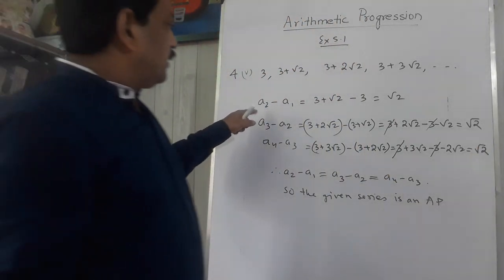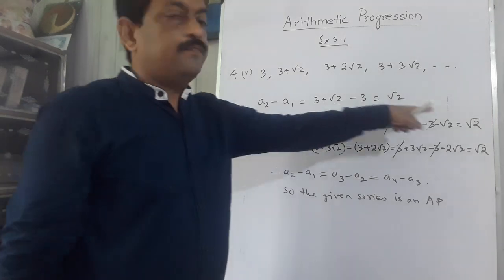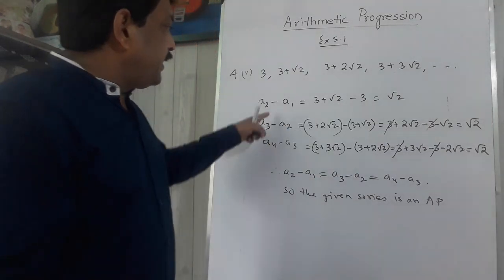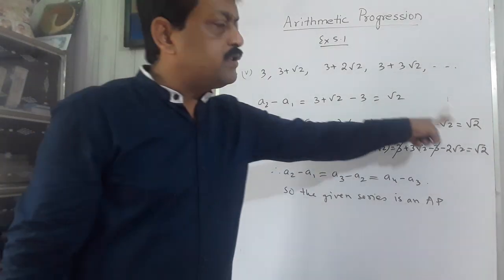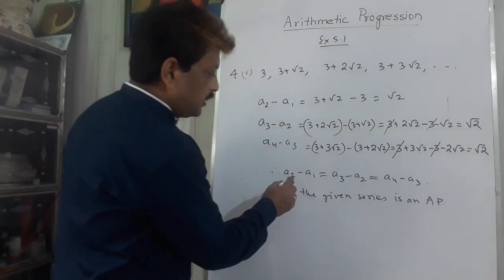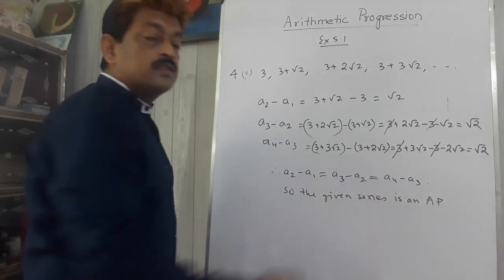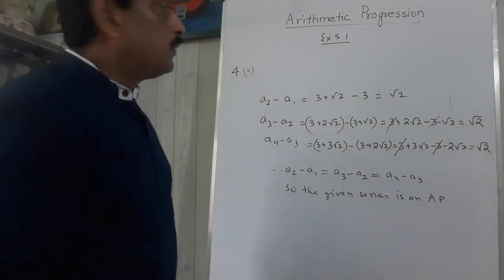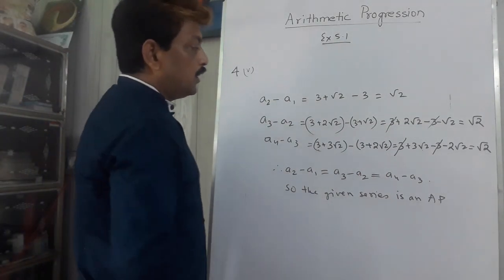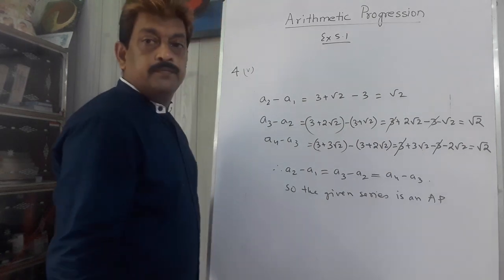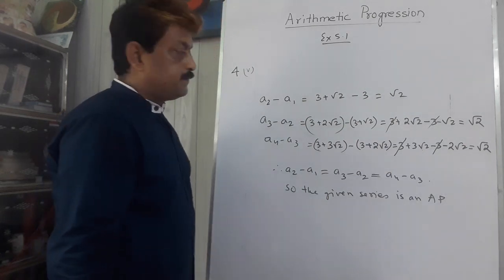Therefore we can see all the differences are the same. The difference between any two successive numbers is the same. Therefore we can say that A2 minus A1 equals A3 minus A2 equals A4 minus A3. So the given series is an AP. Okay, just go through it. These sums are also very easy.